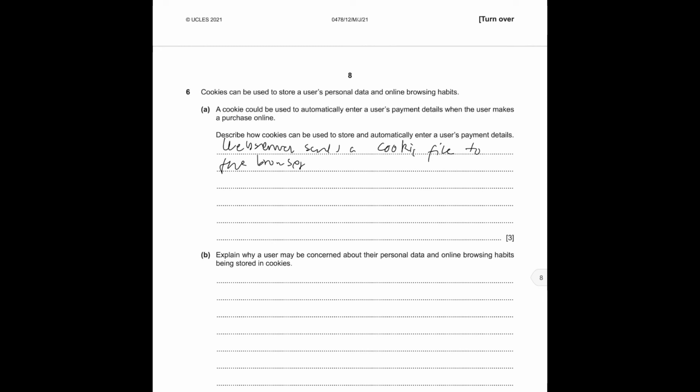The cookie file is stored by the browser on the HDD, and the user's payment details are stored in an encrypted text file.